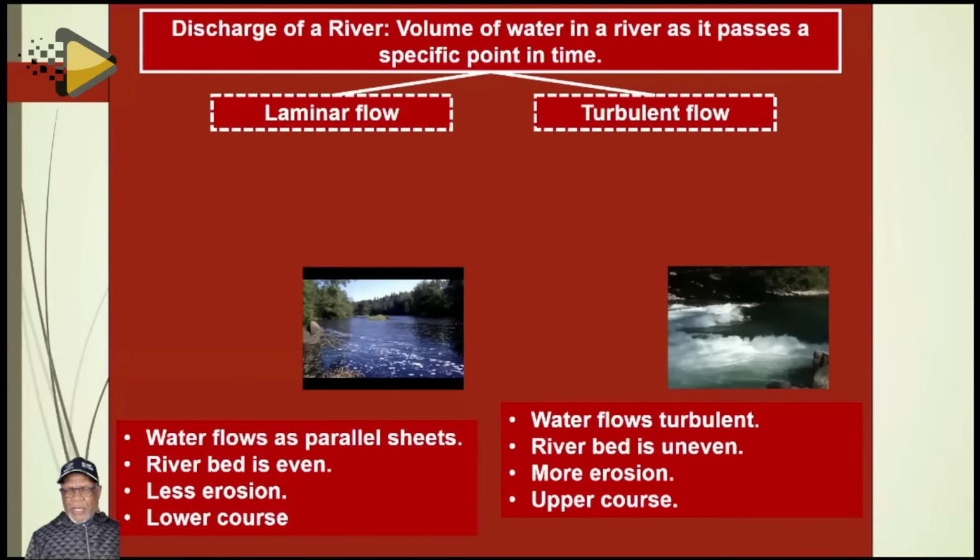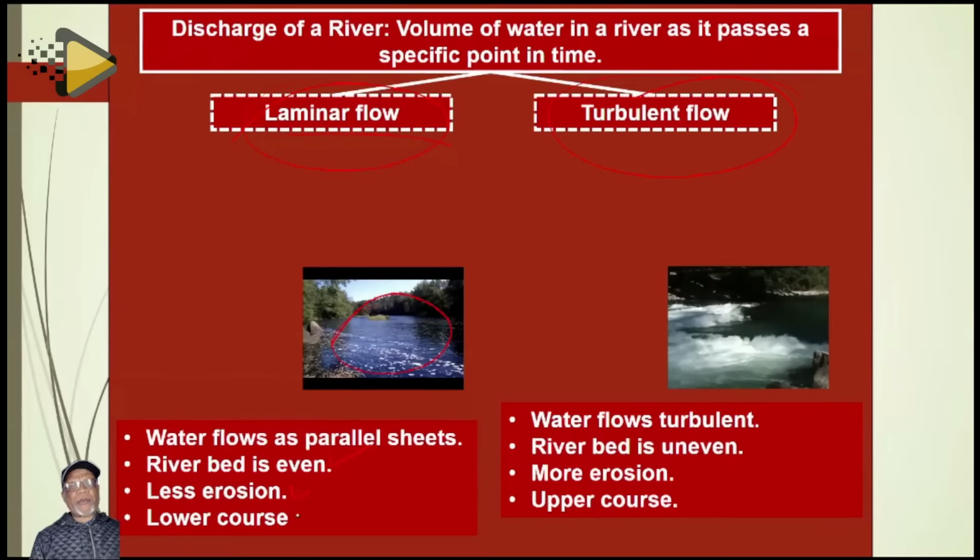And then what we see again is that a river can flow in two ways: on a gentle surface or on an uneven surface. When a river flows on an even surface, in the lower course, it has a characteristic called laminar flow, where water flows as parallel sheets, as you can see in the diagram here, and the riverbed is even or smooth, and there is less erosion.